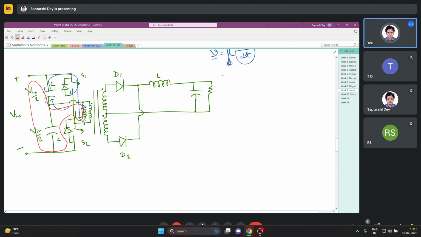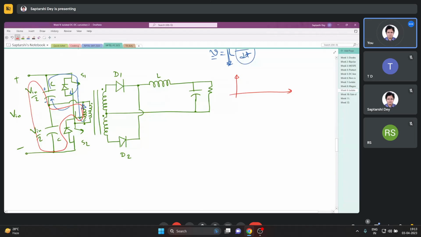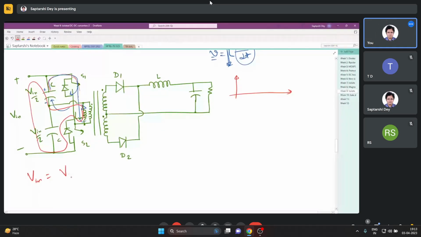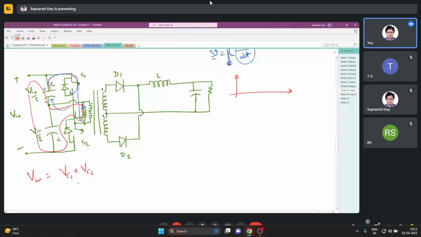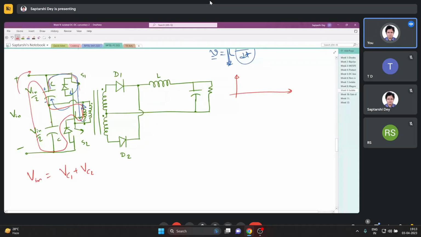The problem with such a converter is the drop in capacitor voltage. As you can see, when we turn on one switch, the capacitors only supply the power to the transformer primary, and since KVL says that Vin equals Vc1 plus Vc2, if there is any imbalance in voltage, the supply sends current to balance out that voltage.